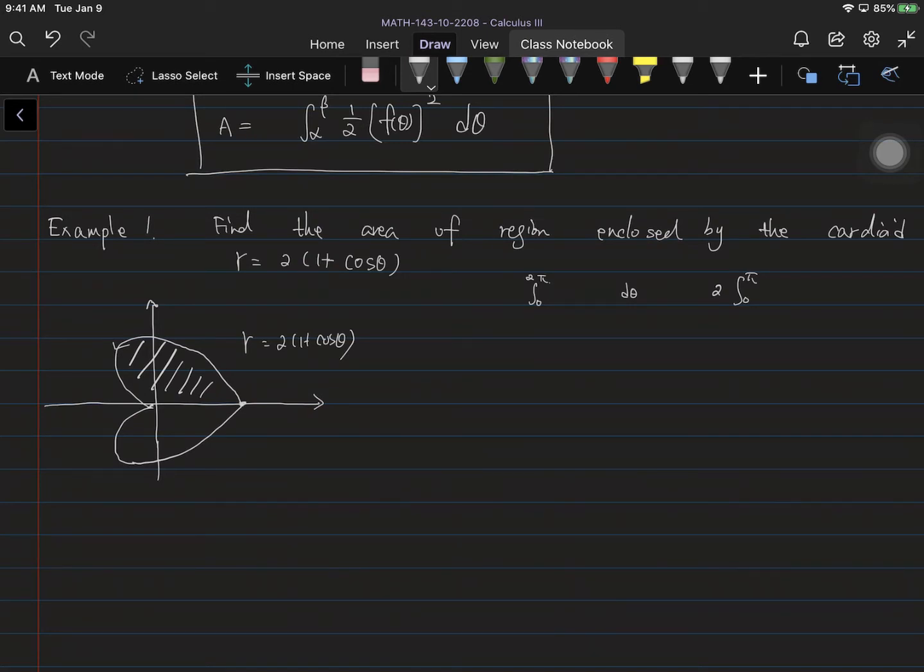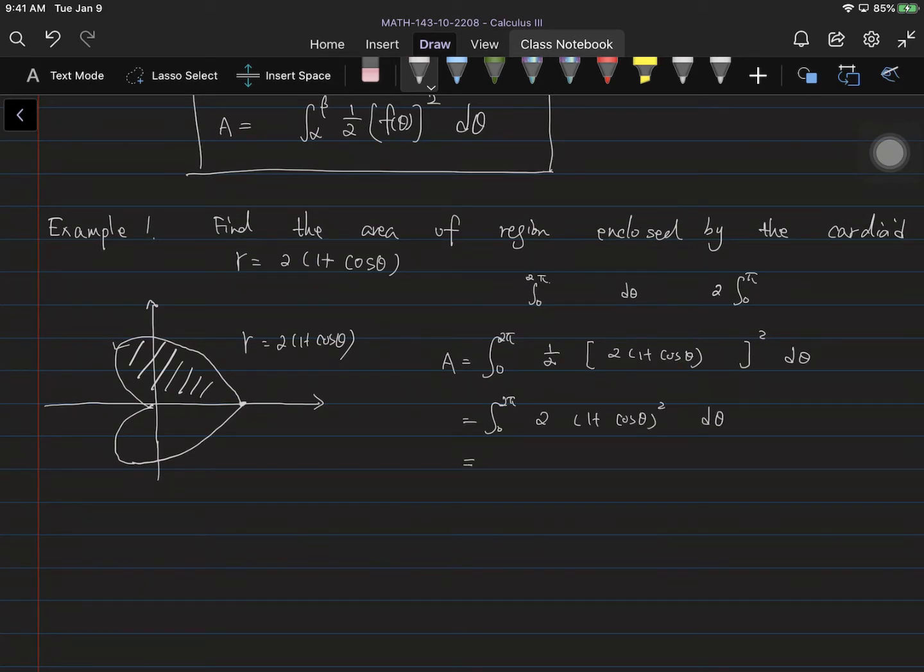So the area equals what? 0 to 2 pi, 1/2, and the function squared, which is 1 plus cosine theta, squared, d theta. Right now, just copy the f theta, 0 to 2 pi, and here we get 2 squared, which is 4, divided by 2, we get 2, and 1 plus cosine theta squared d theta.